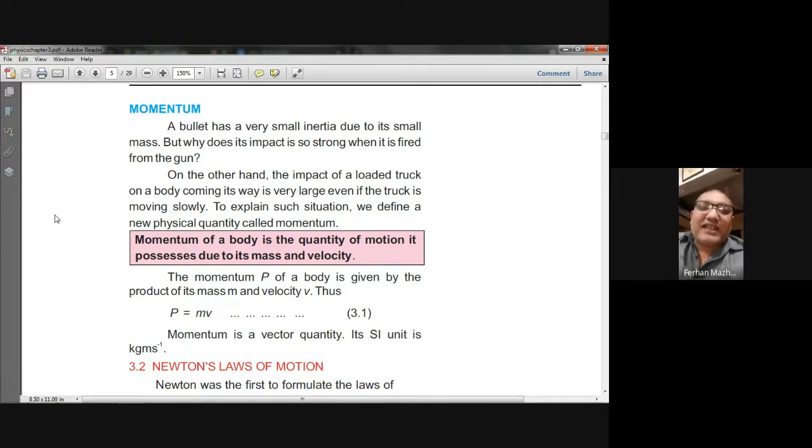So, can anybody tell me what is momentum? The shortest definition of momentum. Definition means what's the formula for momentum? And everybody understands the meaning of product. Product means to multiply.